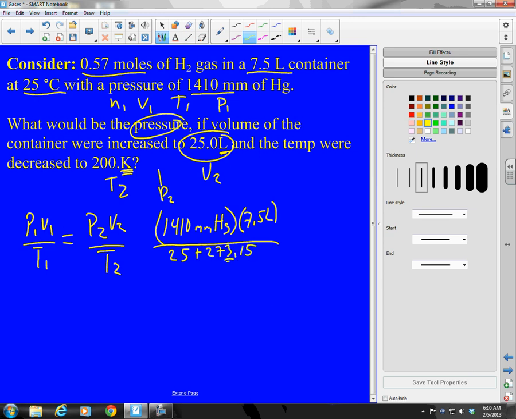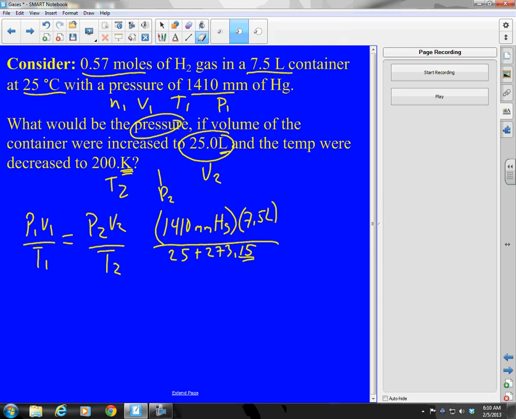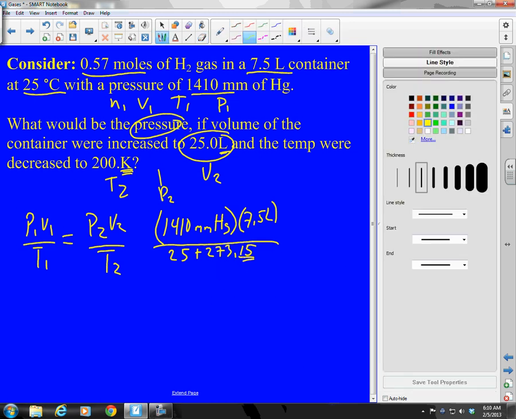Only going to be significant to the units here. And that's going to equal P2 times V2. What's V2? 25.0 liters, and T2 is 200. And what have they done here? It's already in Kelvin. I don't have to do any conversions.